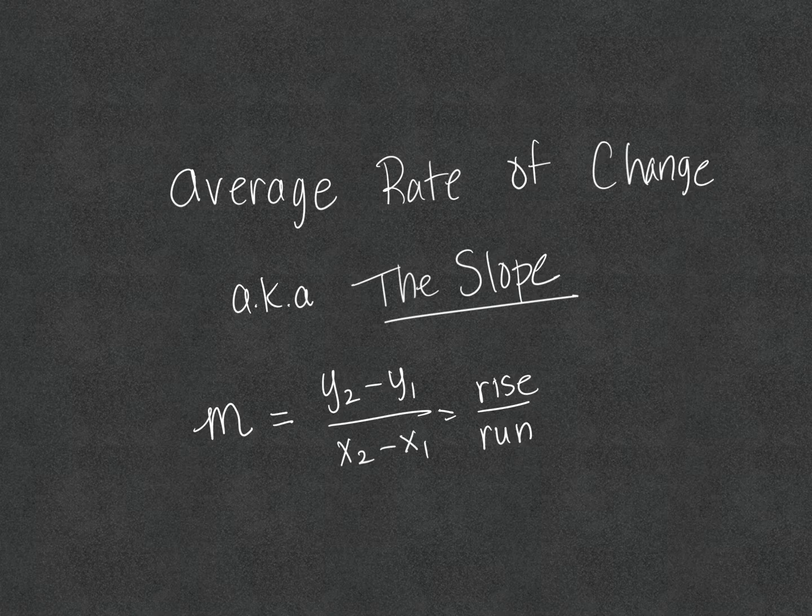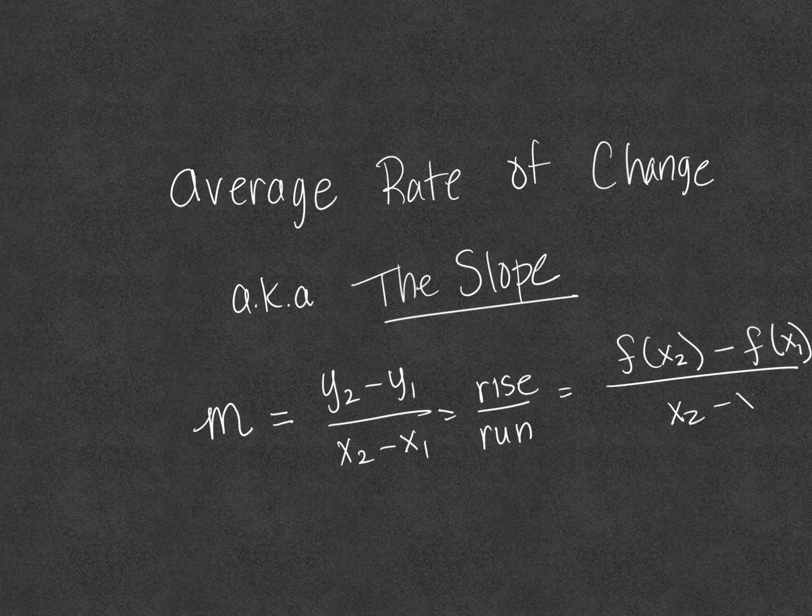In function notation, it looks like this: f of x sub 2 minus f of x sub 1, all over x2 minus x1. Because this is just the y at x2, which would be y2, and the y at x1, which would be y1. So this is how you would write that difference in the average rate of change.